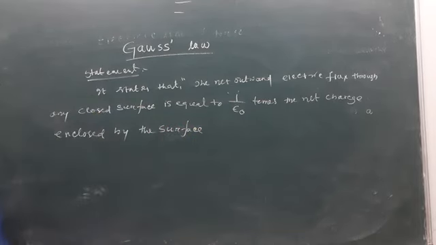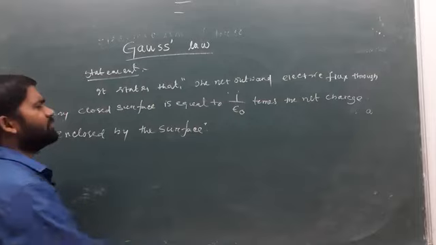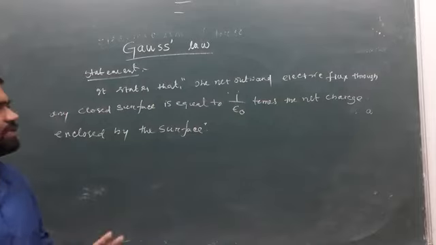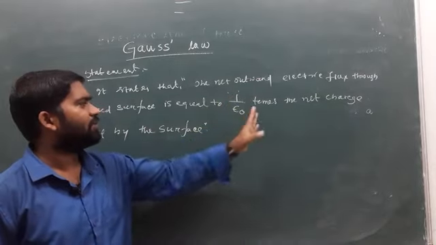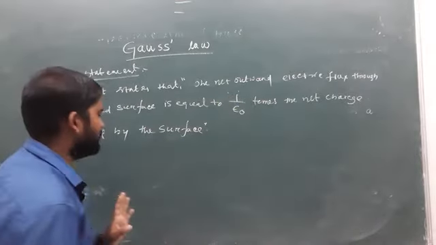So, the net outward electric flux through any closed surface is equal to 1 by epsilon naught times the net charge enclosed by the surface.